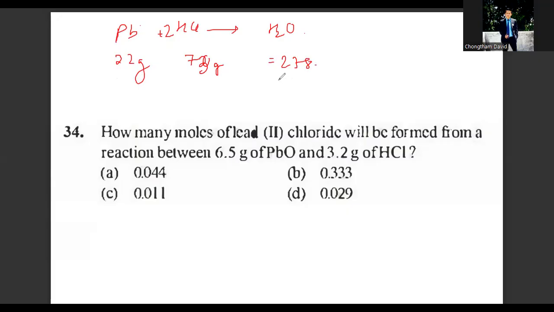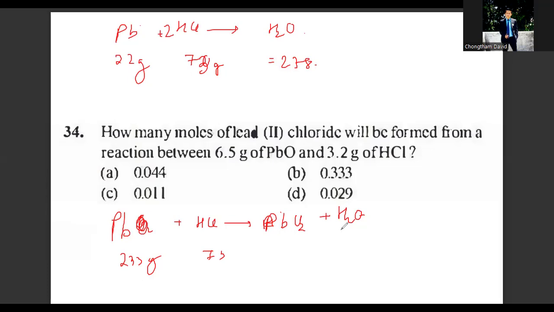Now the number of moles of PbO, that is lead oxide, would be the mole of PbO. PbO plus HCl gives PbCl2 plus water. So you know the atomic mass of this would be 233 gram. What about HCl? 70 gram.